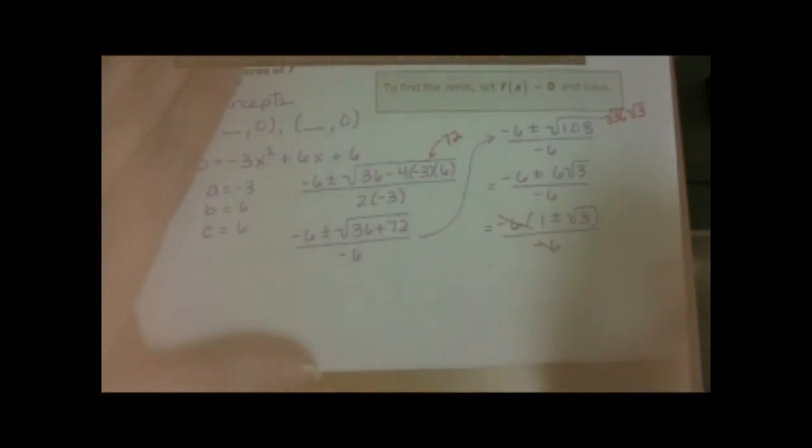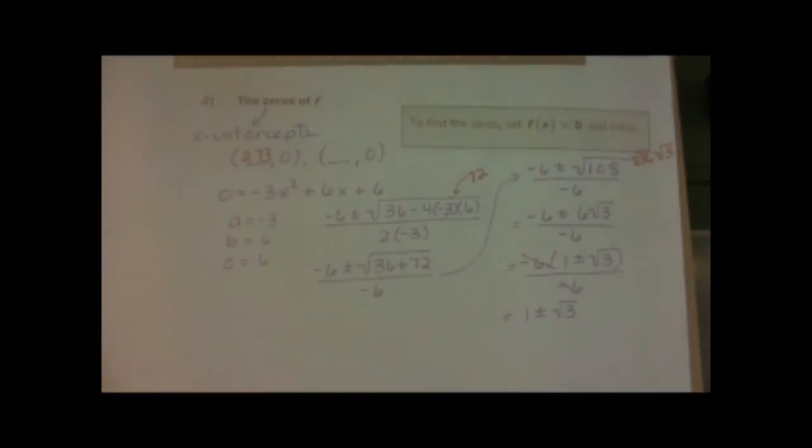Now the negative 6 cancels, and my answer is 1 plus or minus the square root of 3. And the last thing I can do is I can actually write this in decimal form. So 1 plus the square root of 3 is 2.73. And 1 minus the square root of 3 is negative 0.73.